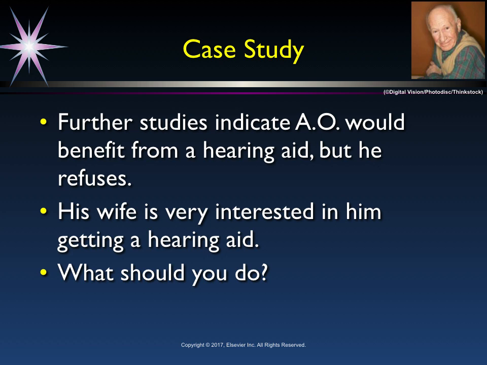So we may have to get support from the wife for him to start doing it. It could be as simple as, well, why don't you guys go home and think about it? And if the wife nags him enough, he may decide to come back and get his hearing aid. He would need to have a referral to a hearing aid specialist, and you would want to suggest a follow-up appointment so that they could think about the options.